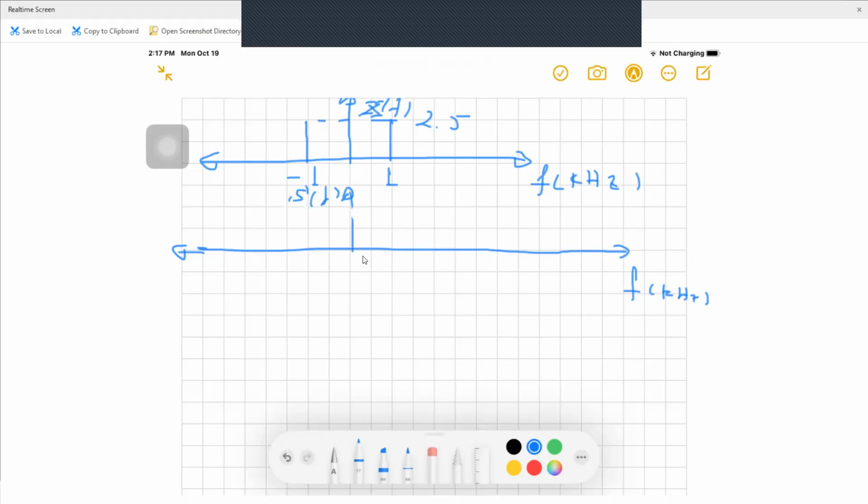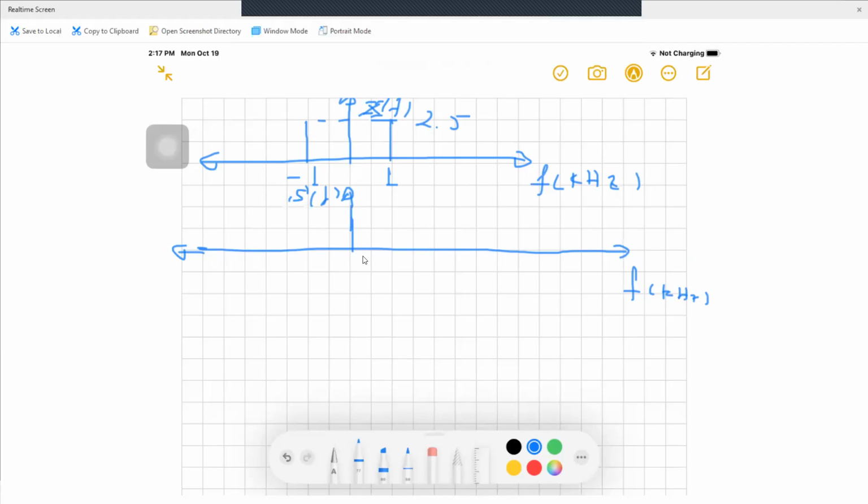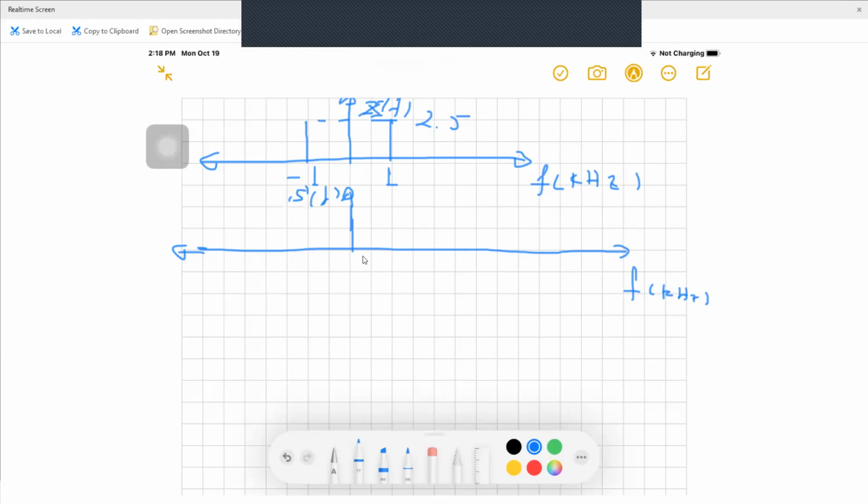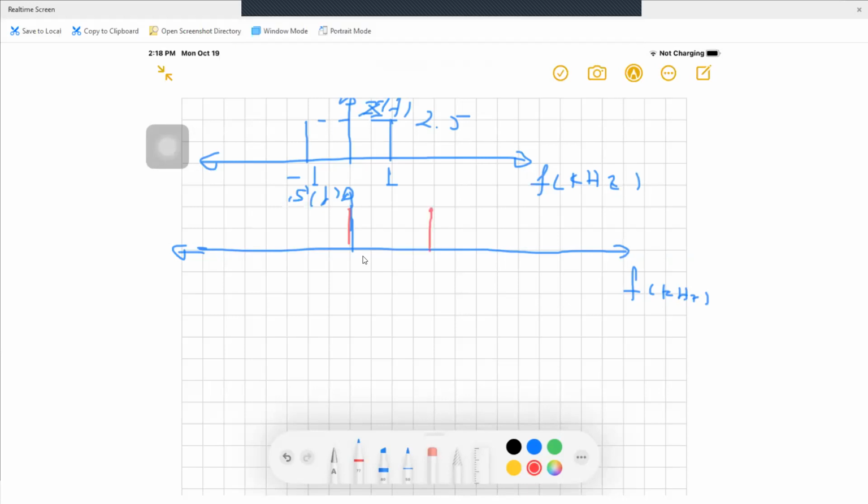Now let us tick the x-axis for the sampling function S of f. Say this will be 0, 8, and 16, and -8 and -16. This will be the 0.